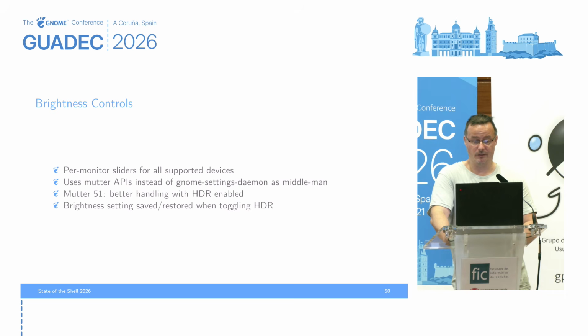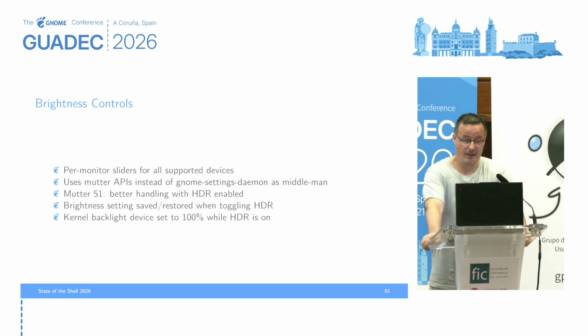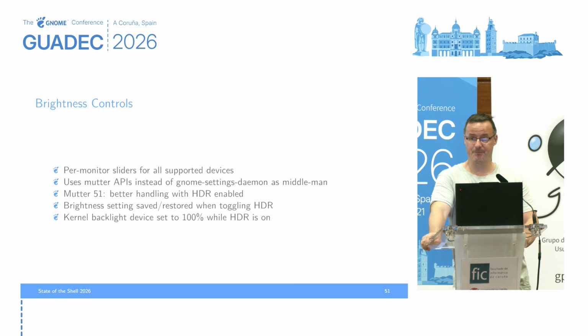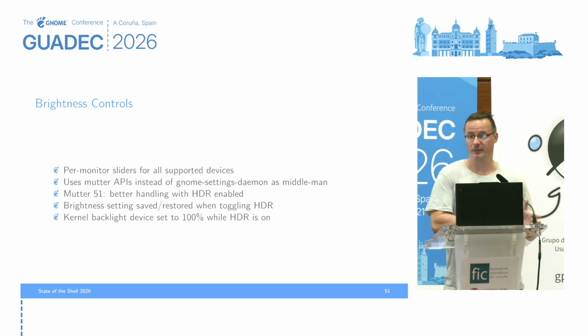Brightness is now saved and restored, not only when you log in or log out of the session, but also when changing between SDR and HDR modes. And let's put it like that, the brightness slider now reflects better the intention of the user rather than the state of the hardware or the kernel.